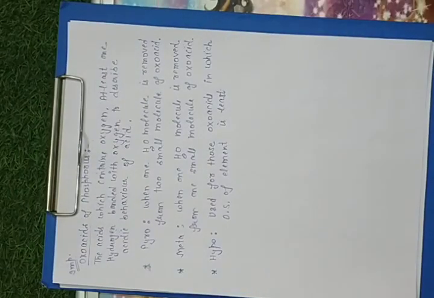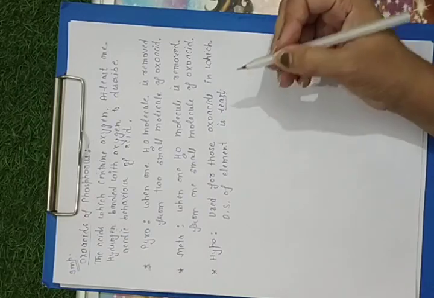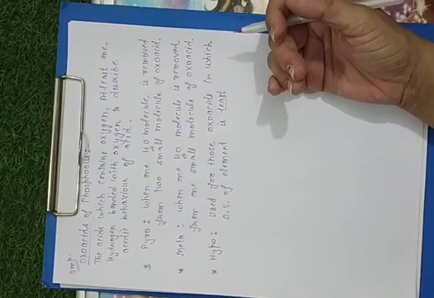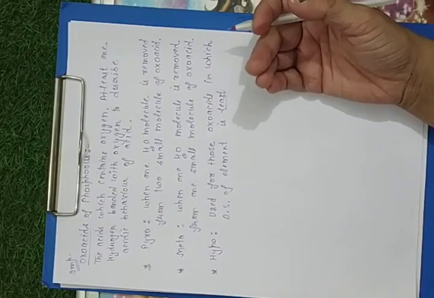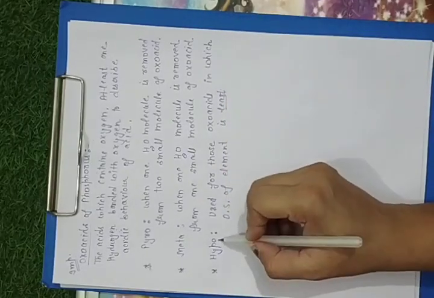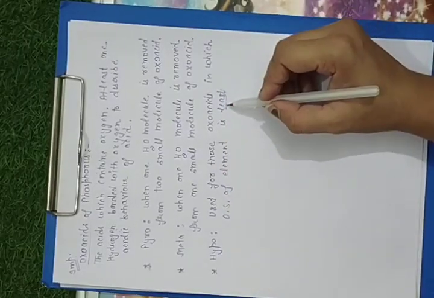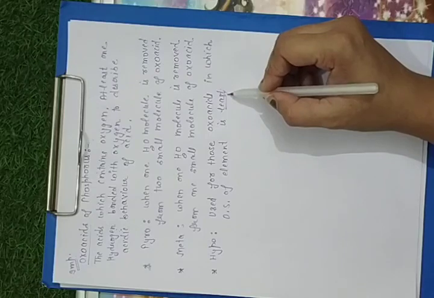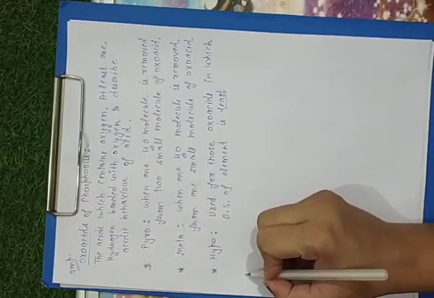Okay, not all the time. It is our point to learn the oxoacids of phosphorus for hypo. Somewhere it is related with the least oxidation state and somewhere it is not. So we see these oxoacids one by one.